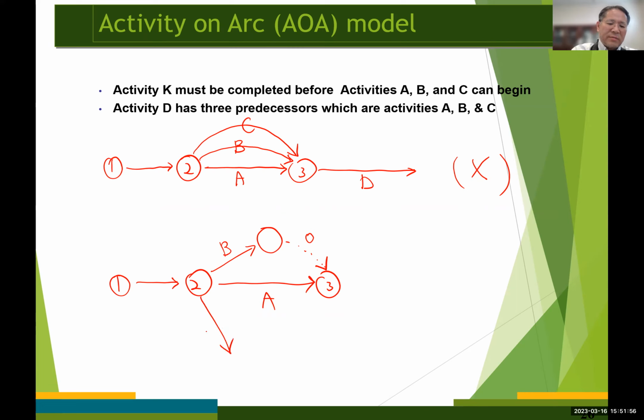Then we have activity C here, and another dummy activity down here. If I say this is 3, 4, then this is going to be 5, for example. And then we have activity D.